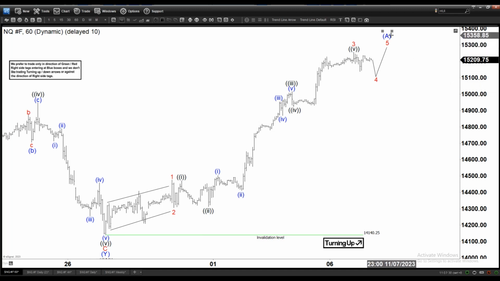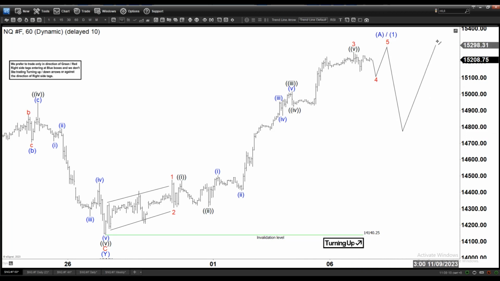For now we are in agreement that this rally is an impulse, and therefore most likely you will get an extension higher regardless, because of the 5 waves. Whether this ends wave 1 or wave A doesn't matter. Even if I label it as A or 1, because of the 5 waves, this pullback is not going to make a new low.